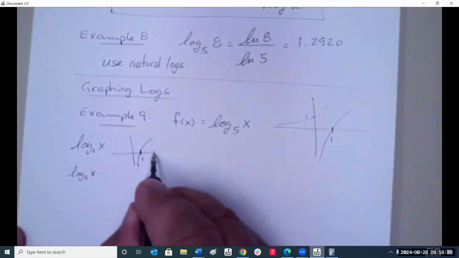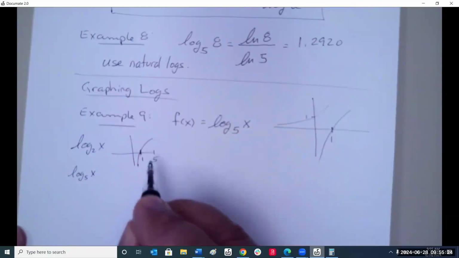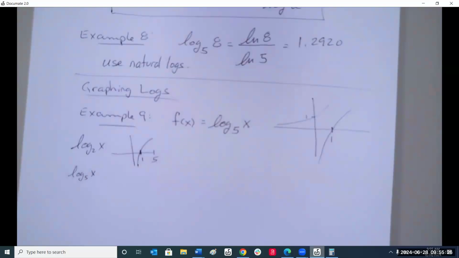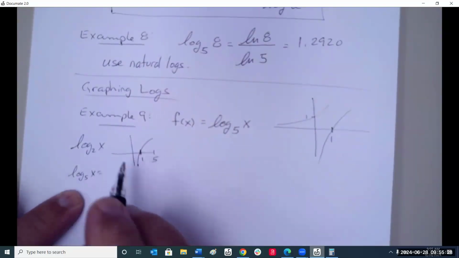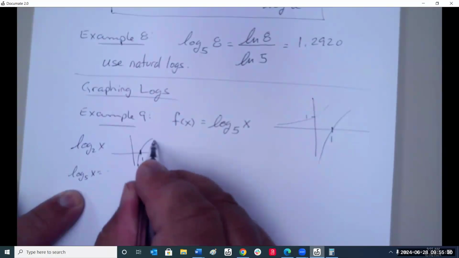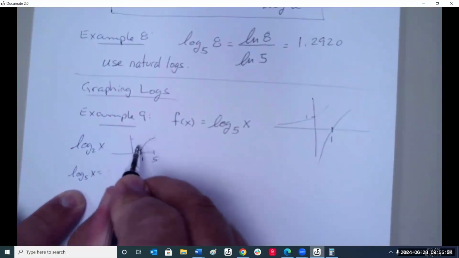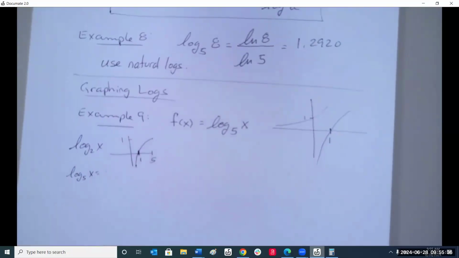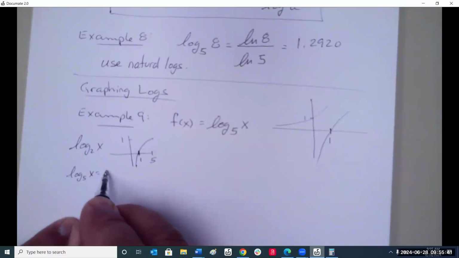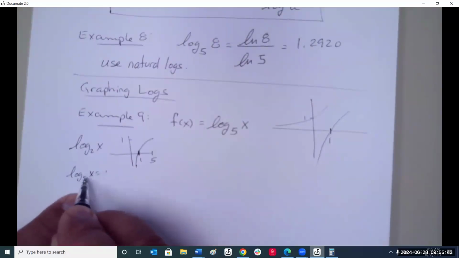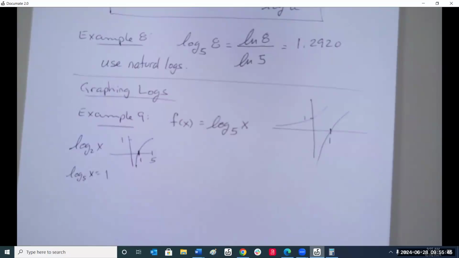So what happens if x is 5? This one, it'll cross at 1, because if x is 5, log base 5 of 5 equals 1.